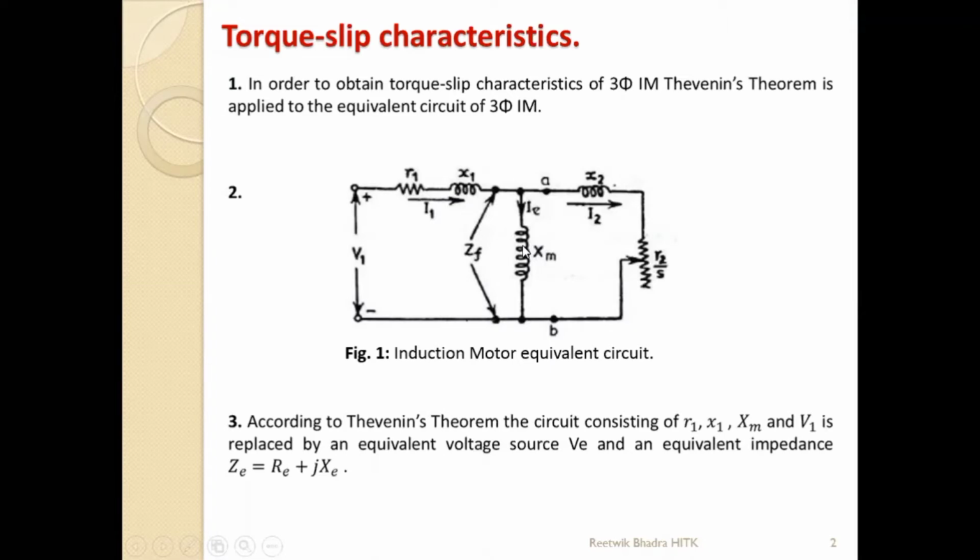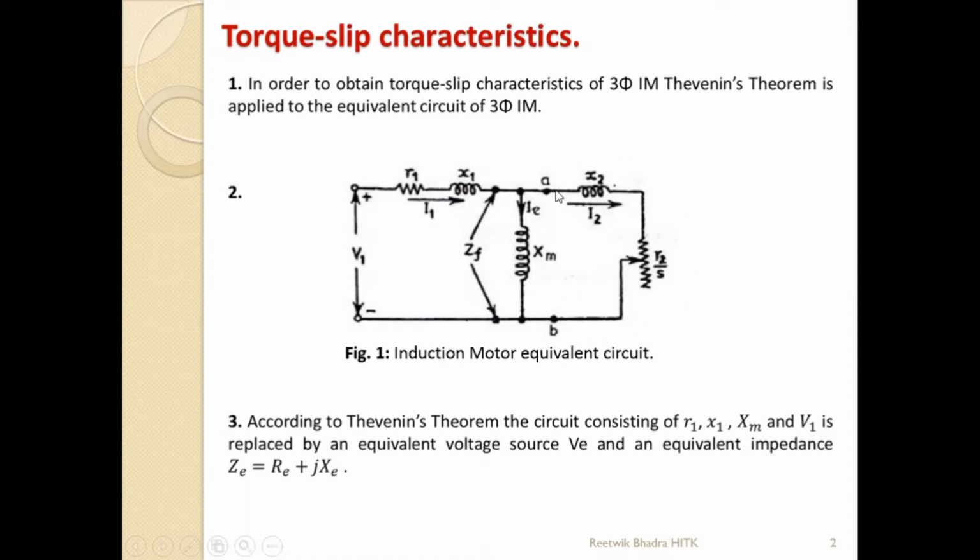So what we do is remove the load terminals, right? Remove the load terminals. This X2, R2 by S will be removed. And across these two terminals, A and B, we will calculate the voltage. That will give you your Thevenin's equivalent voltage. And then remove our load, keep the load open.